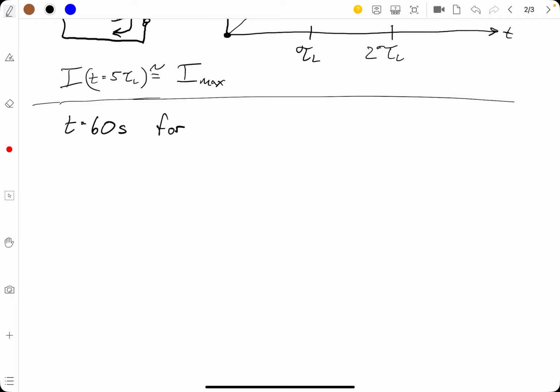And we're going to say that our EMF is equal to 12 volts, our resistance is equal to 5 ohms, and our inductor is equal to 3.5 henries.